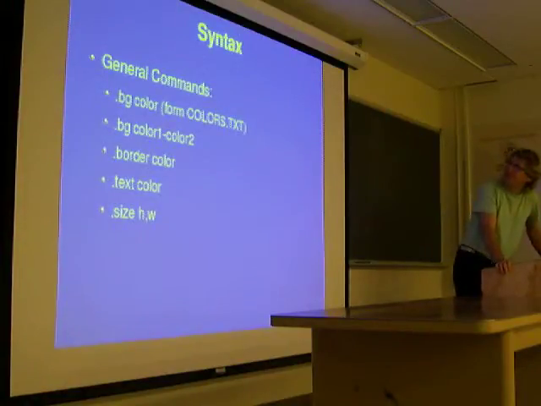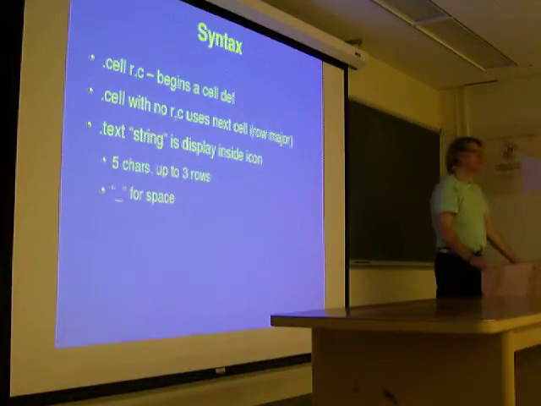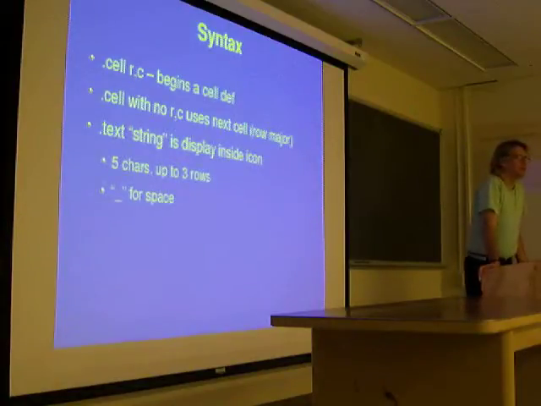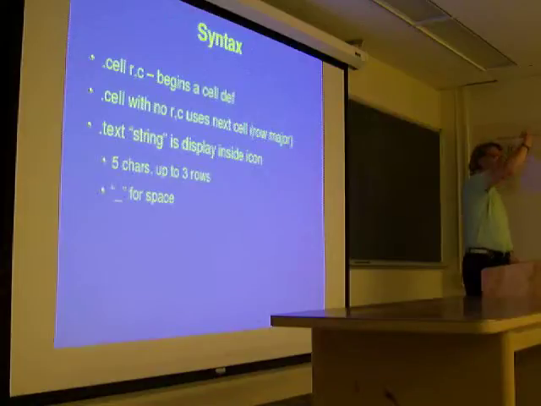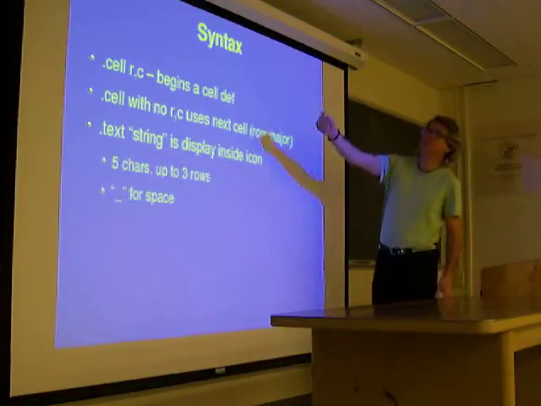When you want to actually define a cell, it begins with a .cell command. You can say .cell, and it will use the next cell, so it'll begin in the upper left corner, move across, and then come down, so it's a row major ordering. Or you can say .cell and specify a row and column for the cell you're defining. Once you do this, if you say .cell, it'll be the next cell after that.